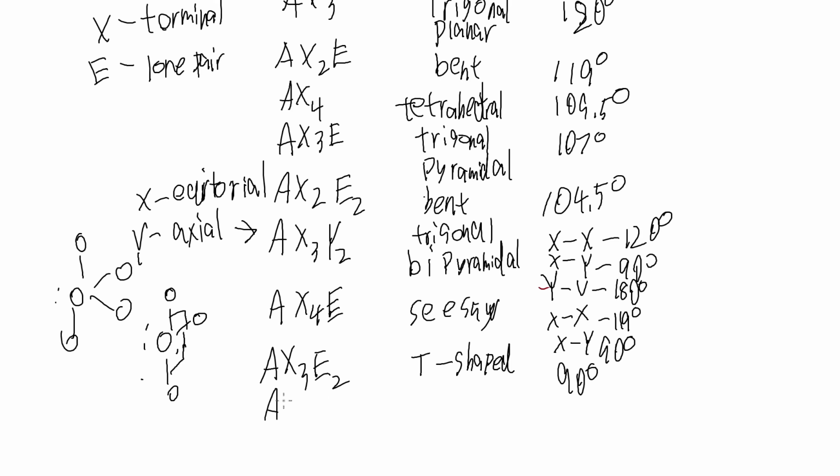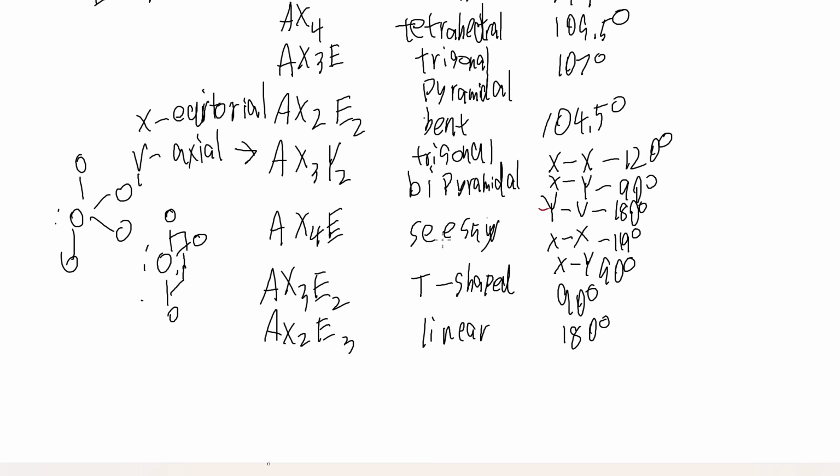And of course you have AX2E3. This is exhibited by certain ions, and the lone pairs have completely taken over the equatorial position, and what you're left with now is the axial positions, which forms a line with the center atom, which is why it's called linear. And the bond angle here is 180 degrees. And now we have one more sort of family.